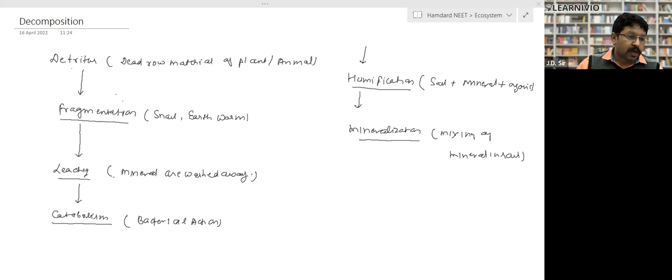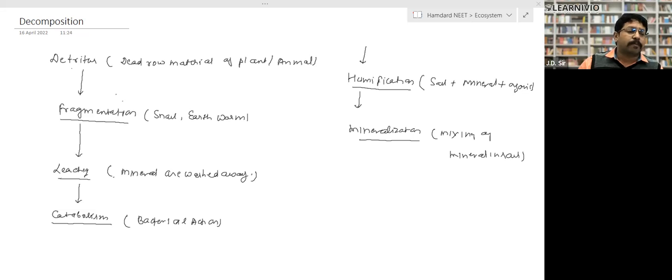I have always got very good marks because of schematic diagrams. Suppose they ask for decomposition. First, write down the definition. After that, you have to jot down a schematic diagram.